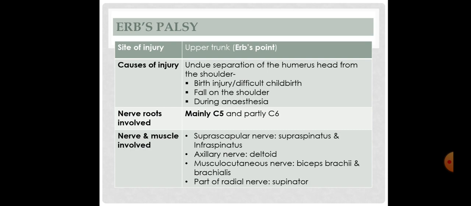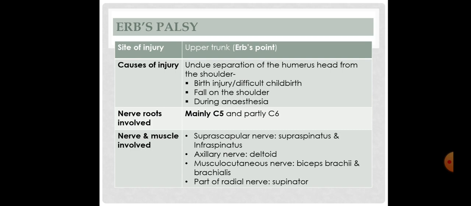Infraspinatus and teres minor are involved in lateral rotation of the shoulder. Deltoid is involved in abduction. So these movements will be affected in Erb's palsy. And last, a part of the radial nerve will also be affected, and in that case the muscle involved is the supinator. So what movements will be affected?